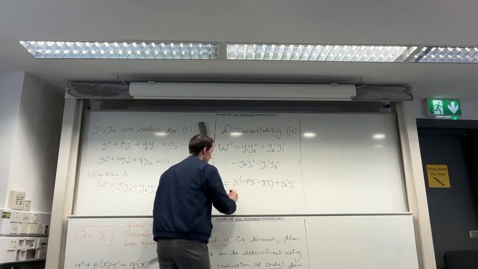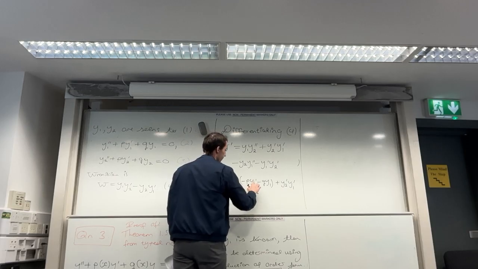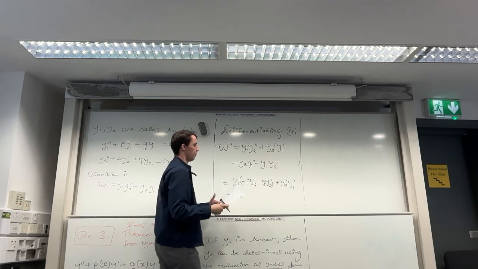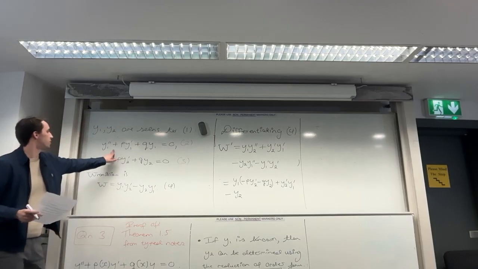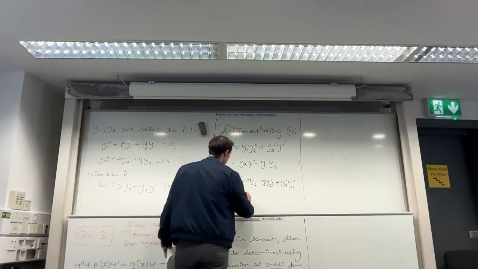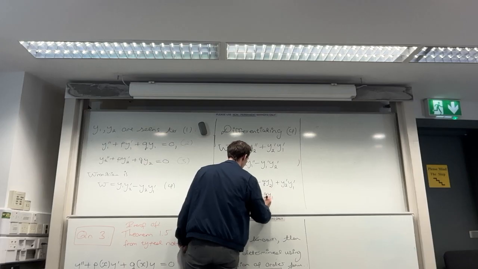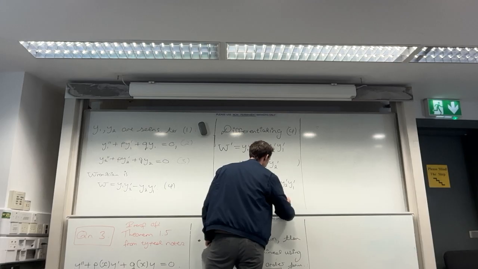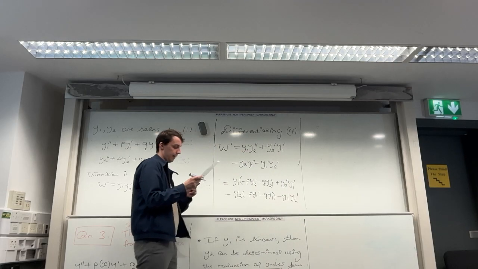Now the third term here, y2 times y1 double prime. As I mentioned, we can solve equation 2 for y1 double prime, and that gives us minus p y1 prime minus q y1. And then this second term here stays as is, y1 prime y2 prime, because it has no second derivatives.